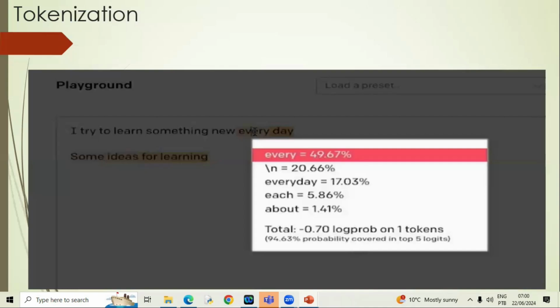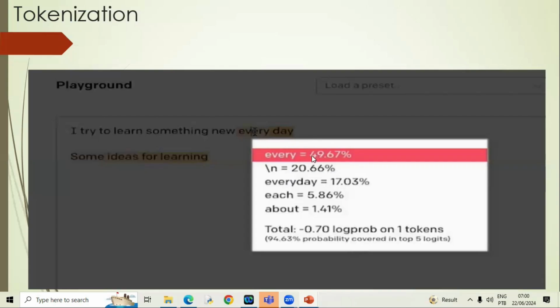Okay. Automatically it will say what is the percentage of each of these subwords. So the token, which is every, is having 49.67%. Same is 20.66%. Every day is 17.03%.